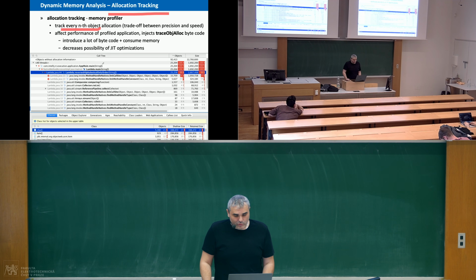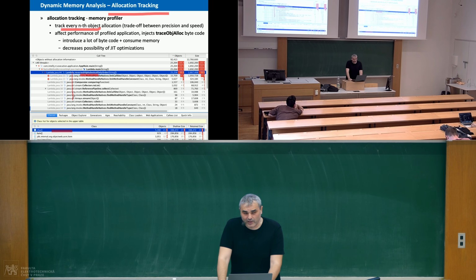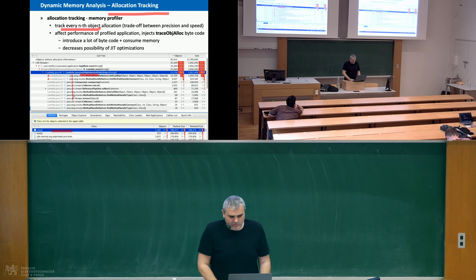Because then if you look at the tooling, you can click and see what was allocated and exactly where. So you see the stack, exactly the stack pointing to your source code, where that allocation happens and how many times and what the overall size was, and you can also go deep even into the content of those objects.